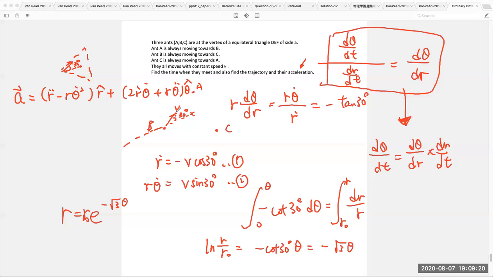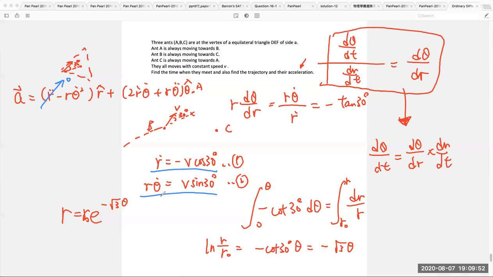Now you can express everything in terms of r. Now you can get the phi-dot. You can get the phi-dot in this form. You have the r-dot. R-dot is a constant, so this one is 0.